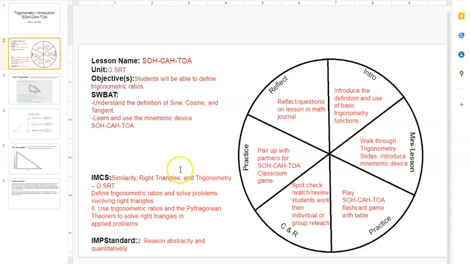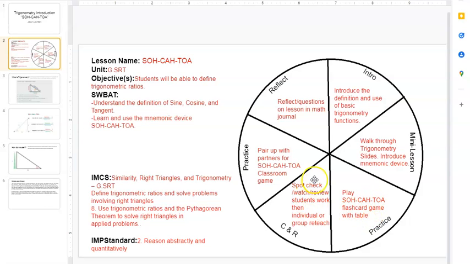So we're going to start with the introduction. I'm going to walk through a trigonometry slideshow and introduce the mnemonic device. After that, the class would work on a flashcard game at their table to kind of just cement that mnemonic device.